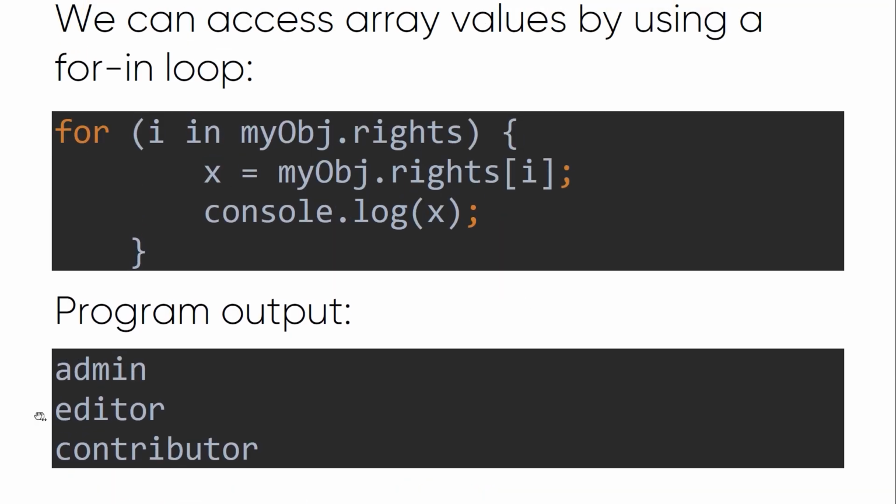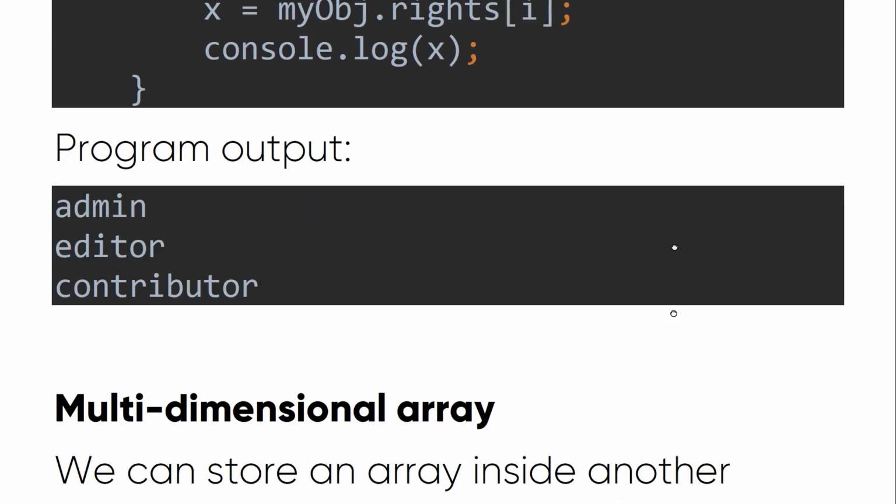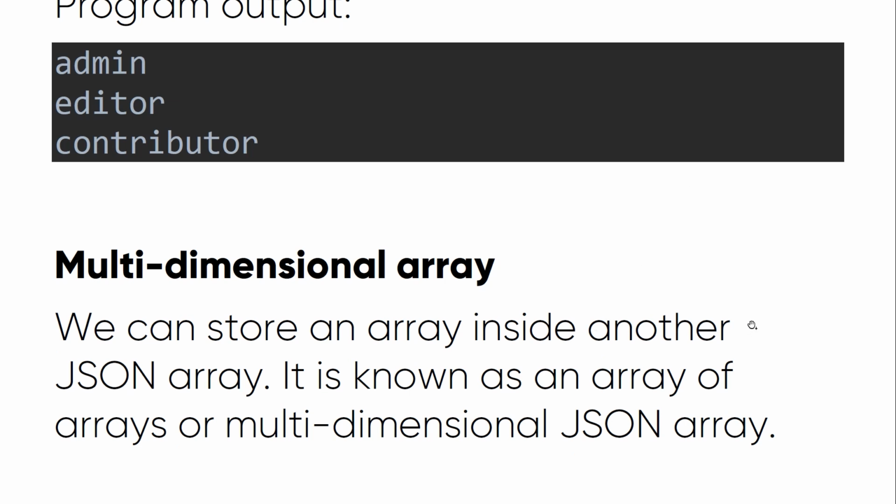This is the program output. You can use System.out.print if you are using Java. But till now, the concept is the same. We need to configure JSON and loop through a JSON array. So admin, editor, and contributor would be the output. Okay, guys?